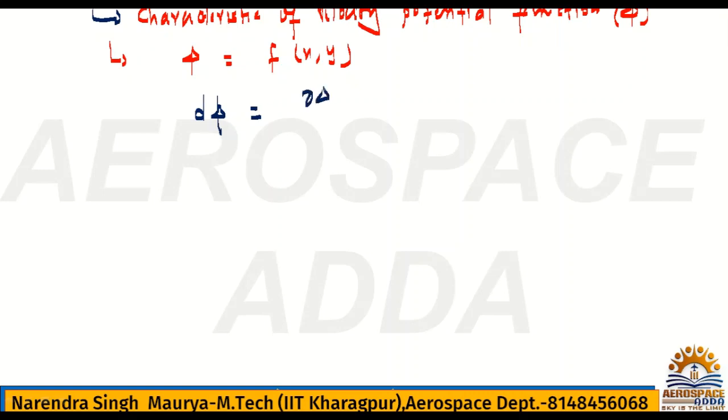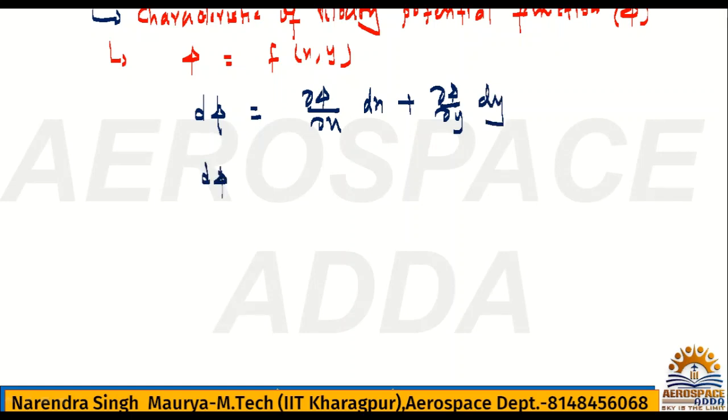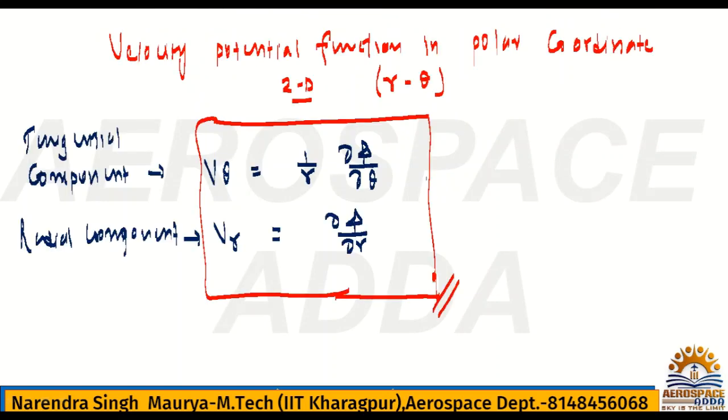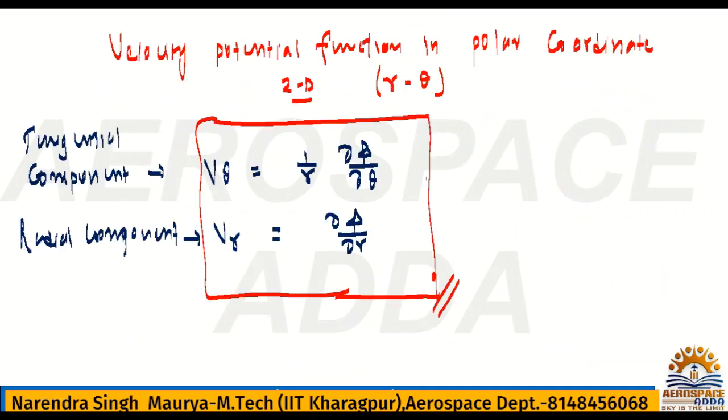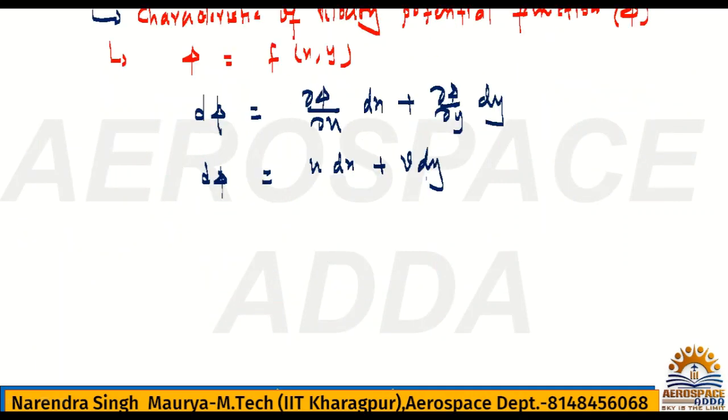It will be dou phi by dou x dx plus dou phi by dou y dy. So d phi is what? What is dou phi by dou x? It is u dx. What is dou phi by dou y? Just now I have explained here. Dou phi by dou x is nothing but u. Dou phi by dou y is nothing but v. So I can write this, yes or no?